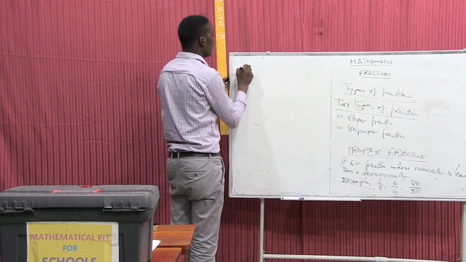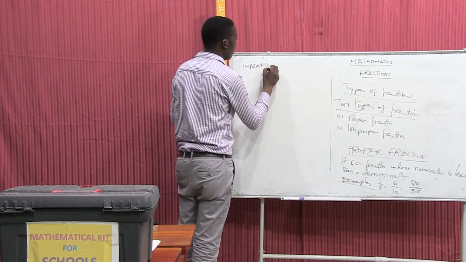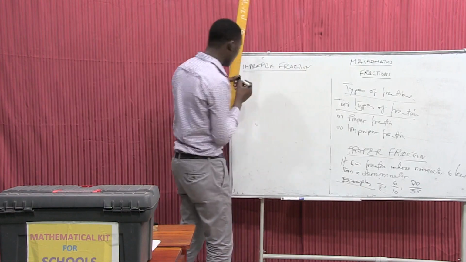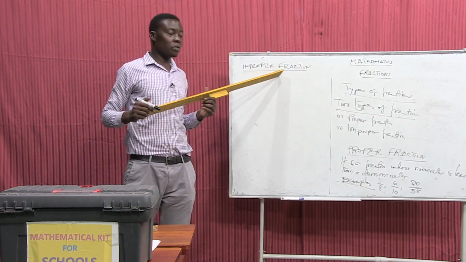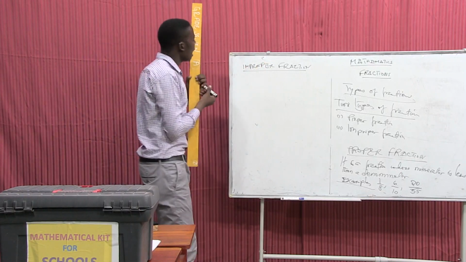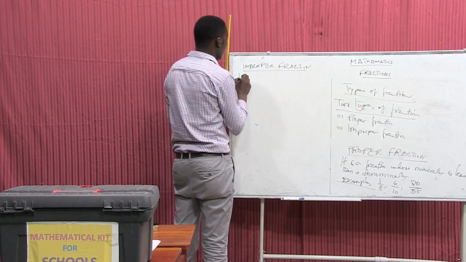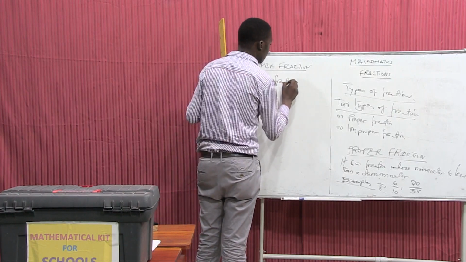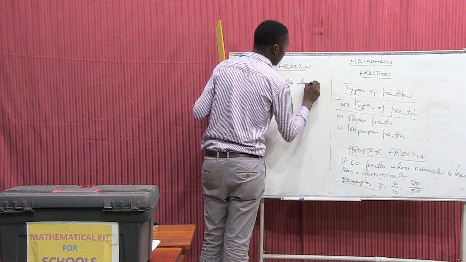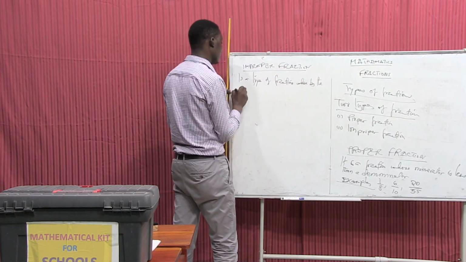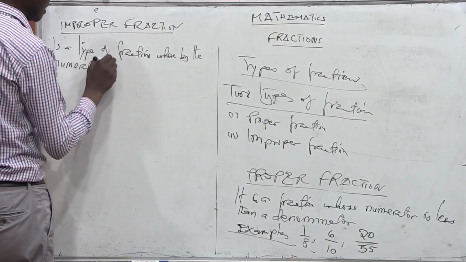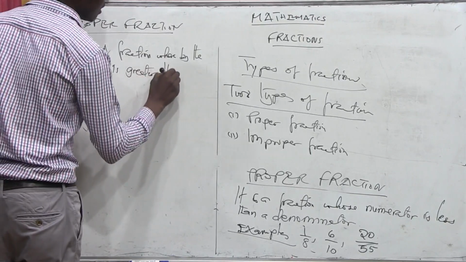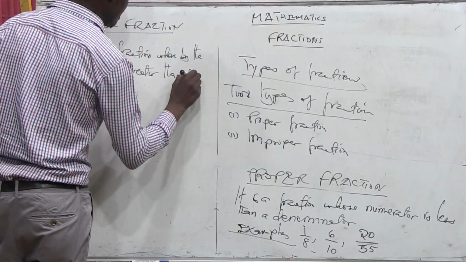Now improper fraction. This is one of the types of fraction whose numerator is greater than the denominator.